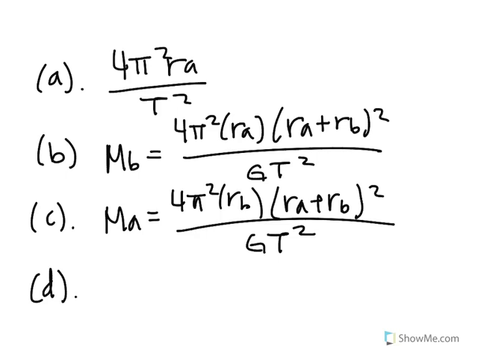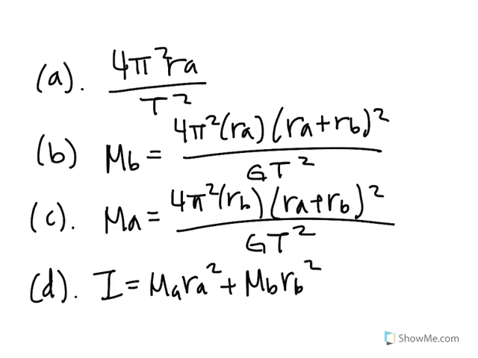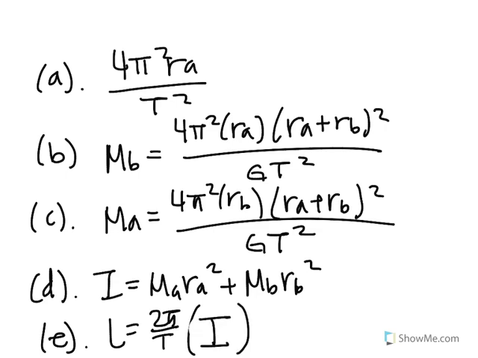D is I equal to MA RA squared plus MB RB squared. And E is equal to 2 pi over T multiplied by I, where I is whatever you got for D. So those are all the answers.